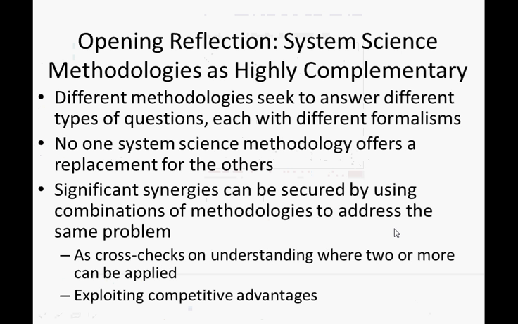It's a matter of weaving them together. And this is a reflection of the fact that these methodologies are highly complementary. They're often best used to address different needs, answer different types of questions. And I think it's fair to say that no one system science methodology offers a replacement for the others.